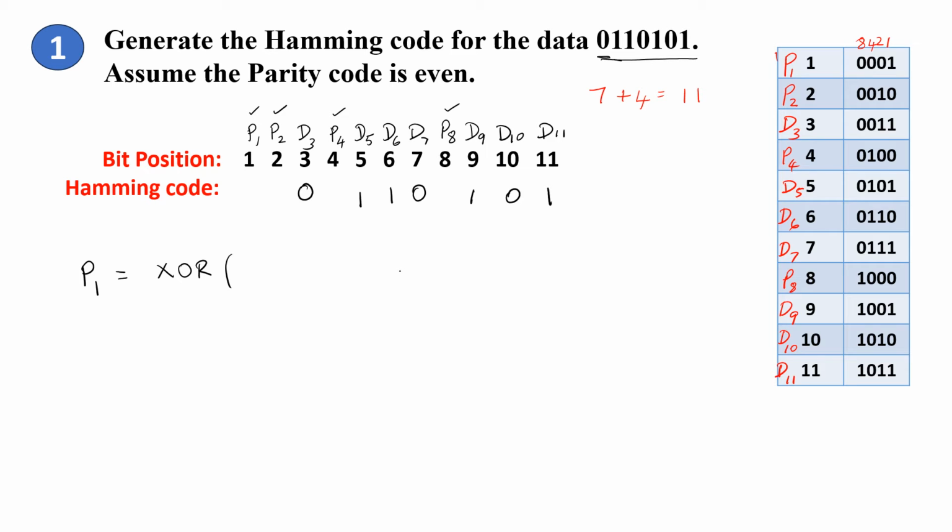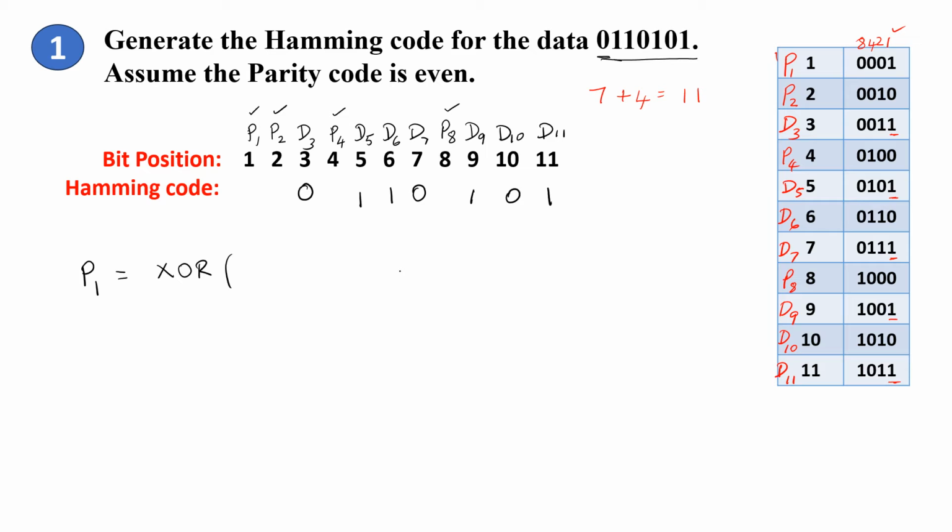In the first position, among the data bits, D3 has 1, D5 yes, D6 no, D7 has 1, D9 also has 1, and D11 also has 1 in the first position. So we should choose these data bits and do XOR.